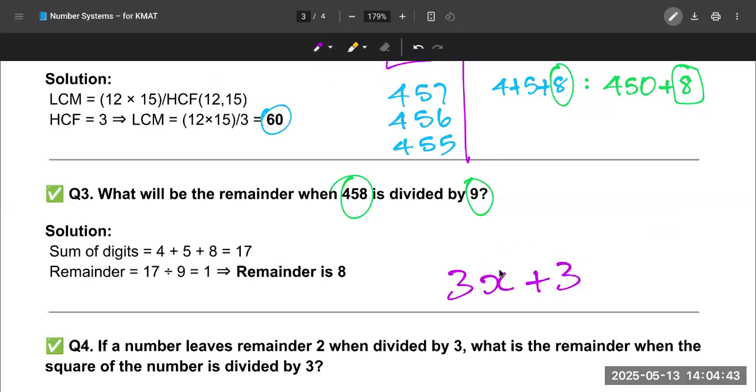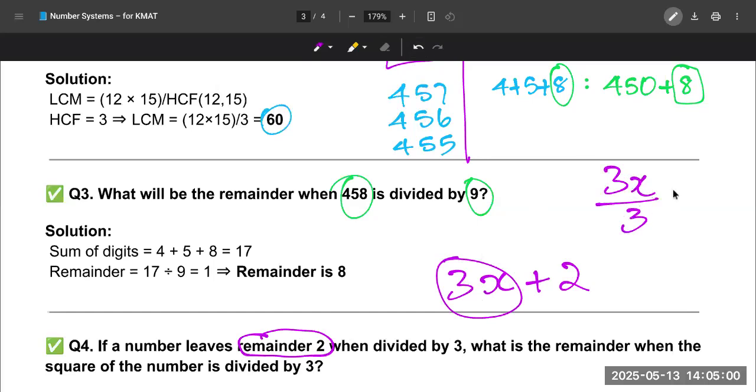So the remainder is 2, sorry. When you subtract the remainder, it is divisible by 3, right? So 3x is divisible by 3 because 3x divided by 3 will get you a number. So the number is not x. The number is 3x plus 2.